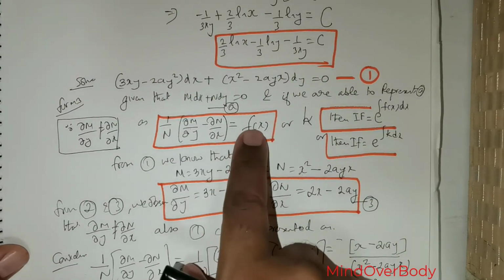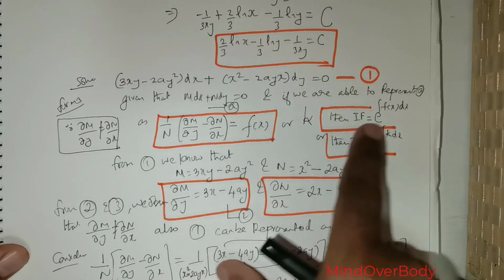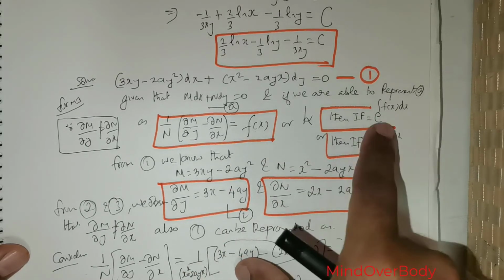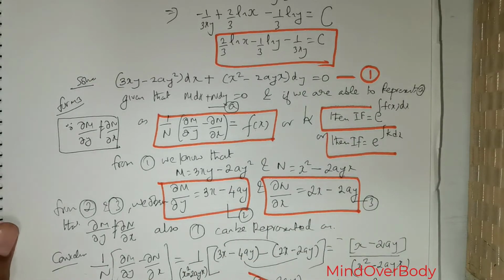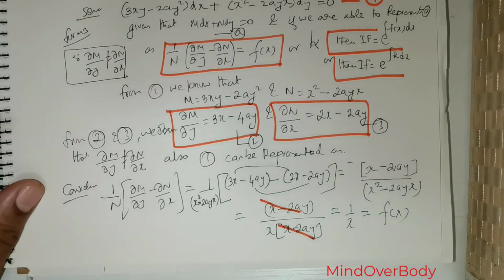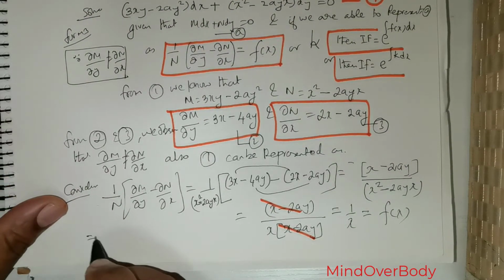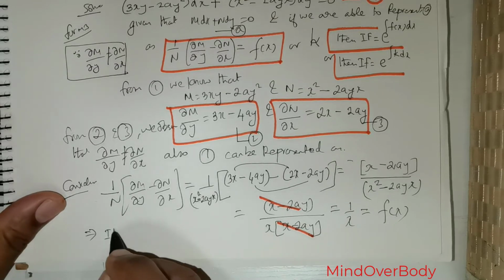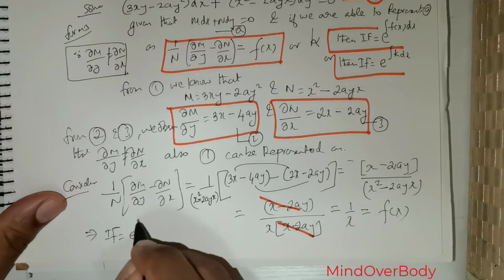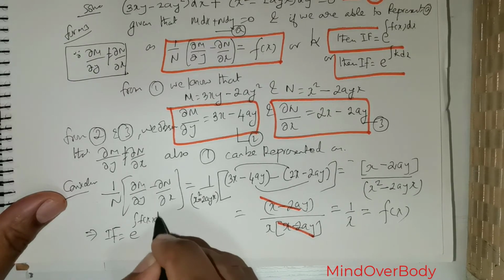If this is equal to a function of x, then I can use the integrating factor to be e raised to the power of integral f(x) dx. Okay, so this means the integrating factor is going to be e raised to the power of integral f of x dx.